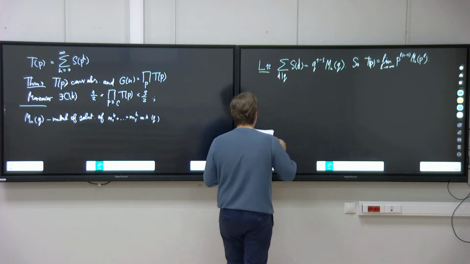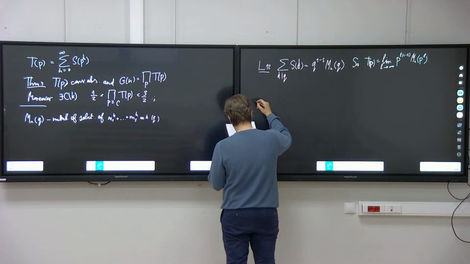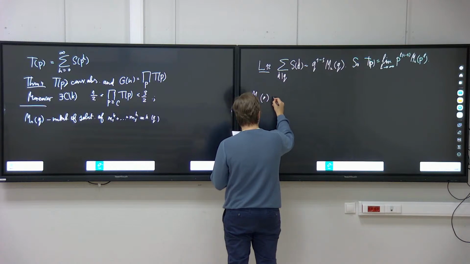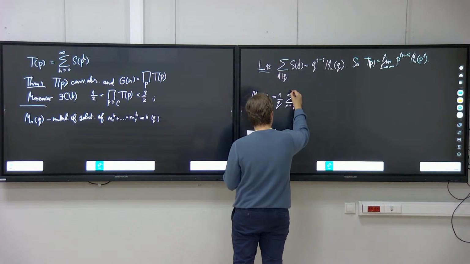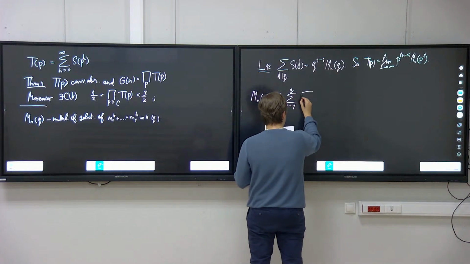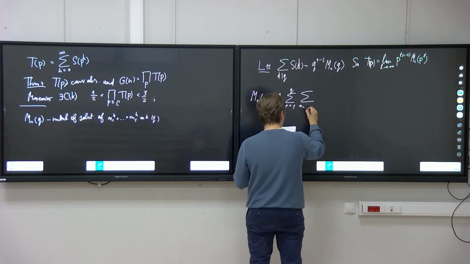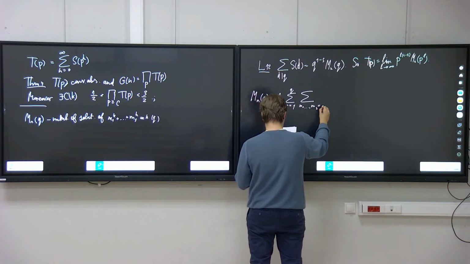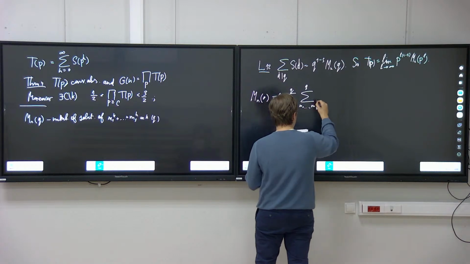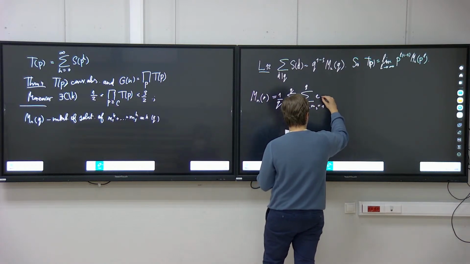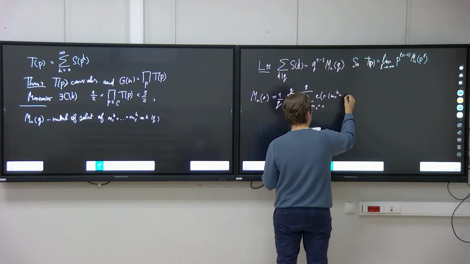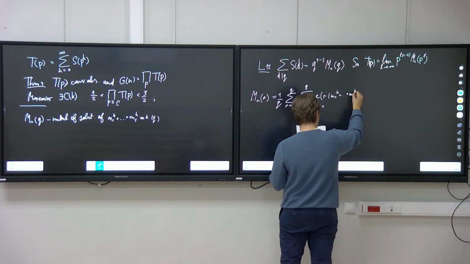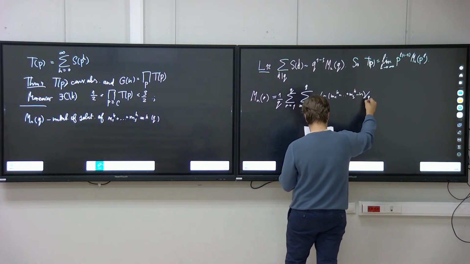Okay, now I prove the lemma. It's just, what's the M_n of q? We can write it like that: 1 over q, sum from 1 up to q, sum over m1, ..., ms equal to 1 to q, r, of m1 to the power k plus ... plus ms to the power k minus n over q.